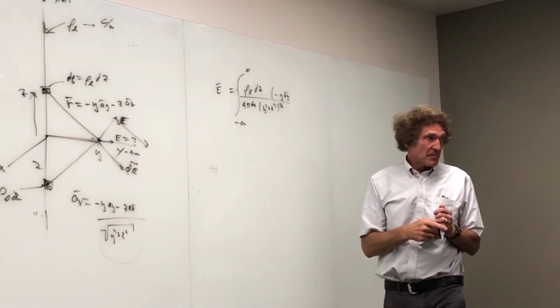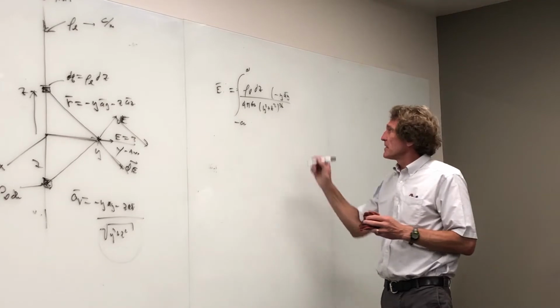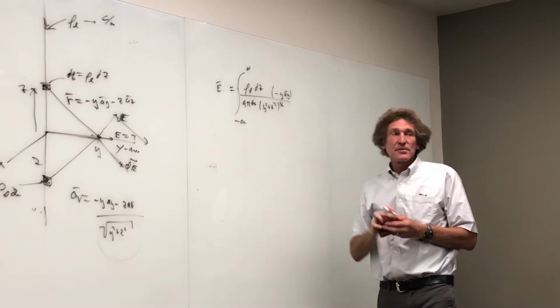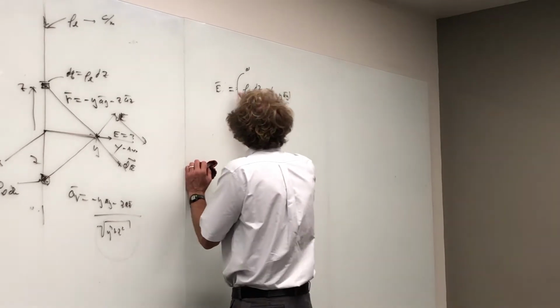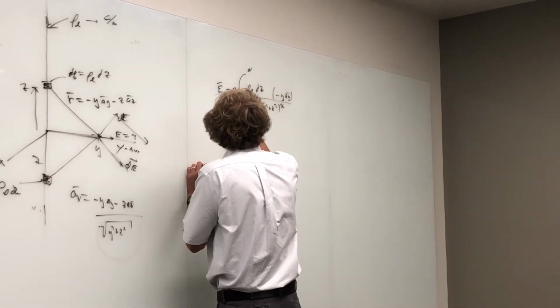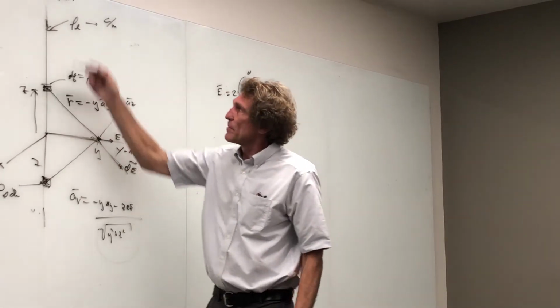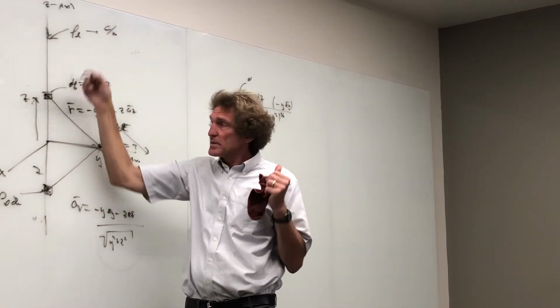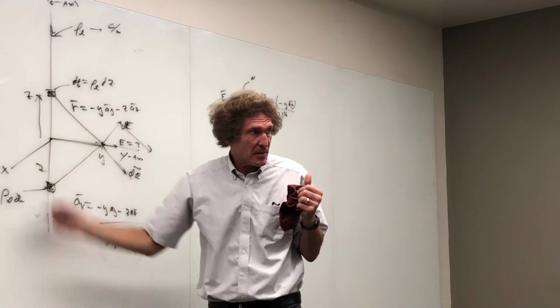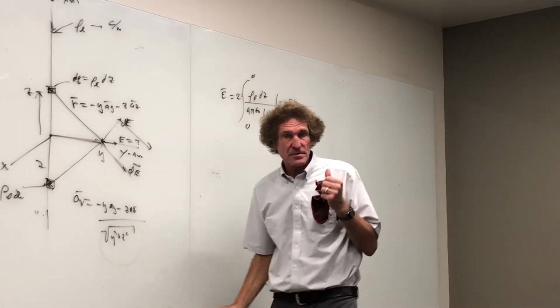I know it goes away. You follow me on that one? And then instead of going from minus infinity to infinity, I can just go from 0 to infinity and put a 2 out here. In other words, I'm going to integrate from here to here, but I'm going to double the actual value of the y component, because that would be the same amount added by this bottom part. You all see that, class?